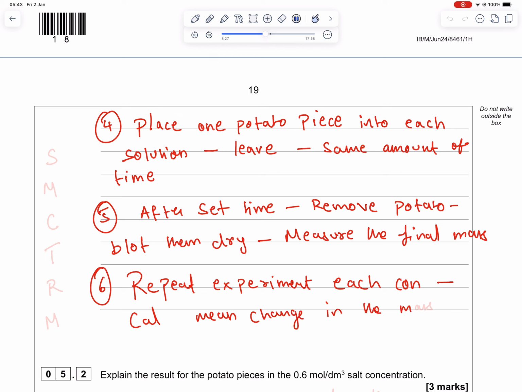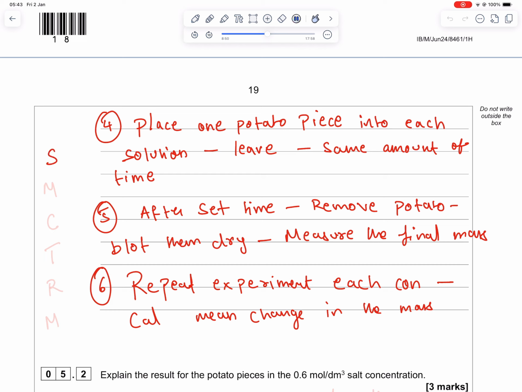That's why you're taking 5 pieces, let's say, and placing each potato piece into each solution. You're leaving them for the same amount of time, and after you take them out, you're blotting them dry and calculating the mean change in the mass. That's your 6 marks.